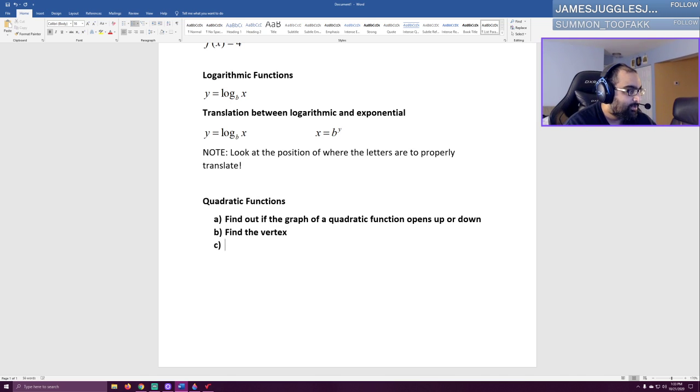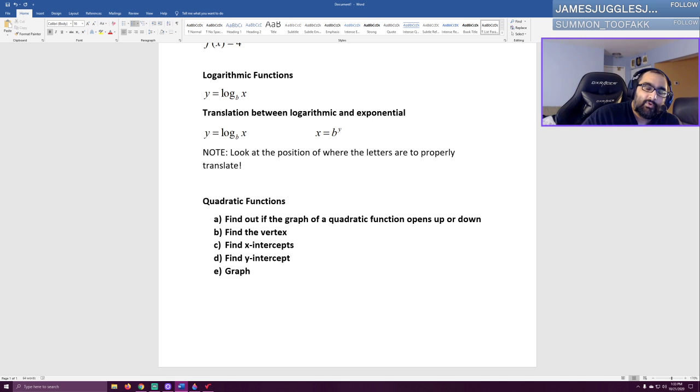Next, we want to find the x-intercepts, find the y-intercept, and actually graph it. So that's essentially what we want to do here for quadratic functions, is just break it down into pieces and then find out each one of these individual parts.